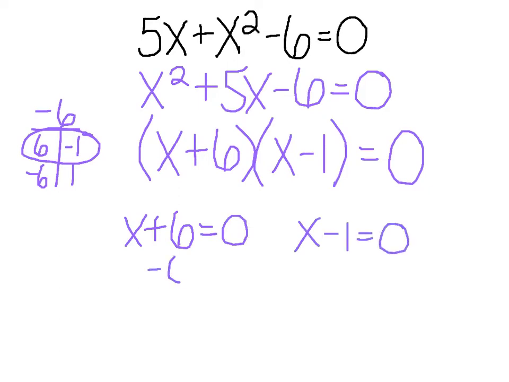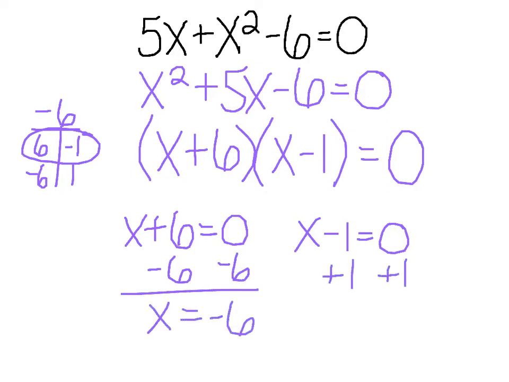So here I'm going to take away 6 and I get x equals negative 6. Here I'm going to add 1 and get x equals 1. So my final answers are x equals 1 and negative 6. If you got that, nice job. I think you're starting to get this.